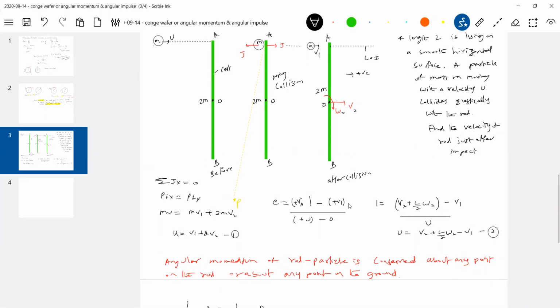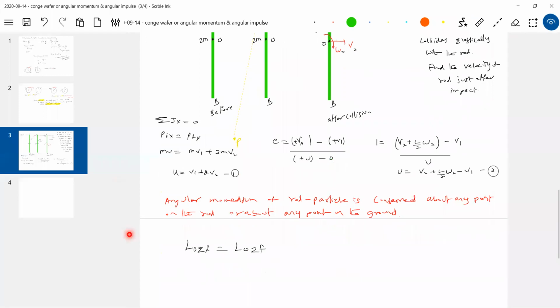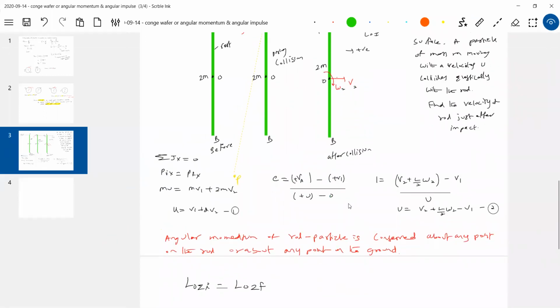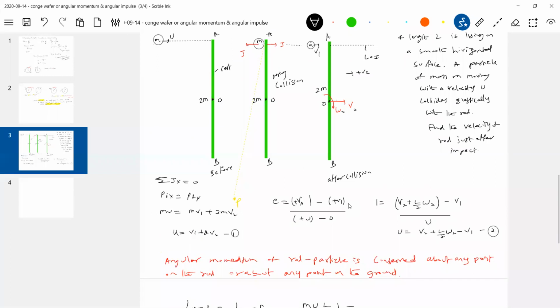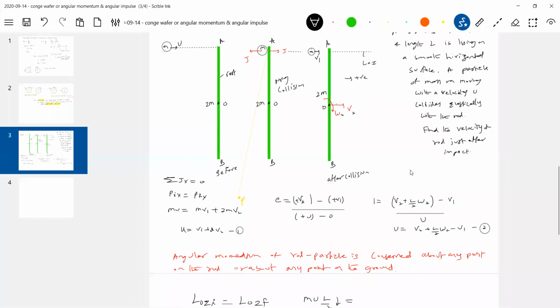The rod is at rest, so it is like a particle: this is L by 2 and m u L by 2, only due to translative motion, clockwise. Finally, how much angular momentum does the particle have?